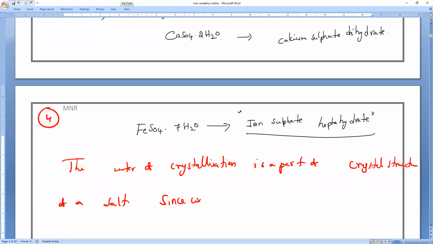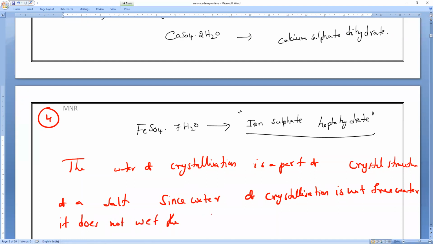Since water of crystallization is not free water, it does not wet the salt.